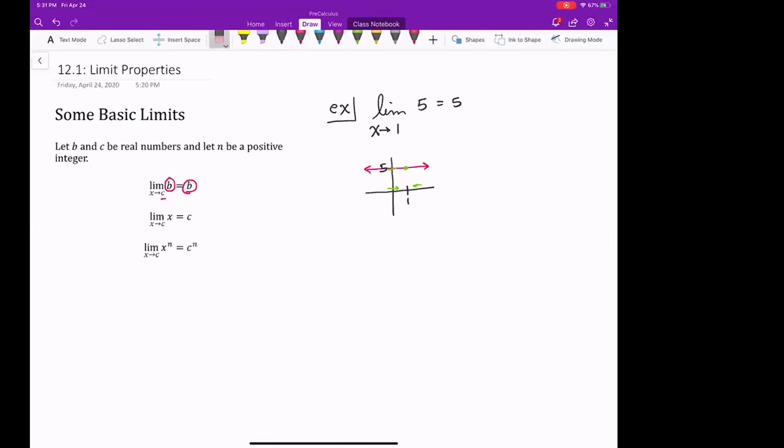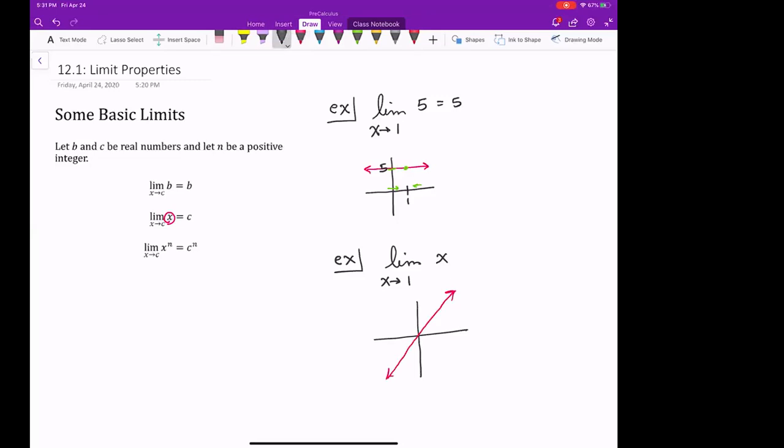In the second scenario here, if you've got a linear function, like your parent function y equals x, and we're taking the limit, so something like the limit of x as x approaches some number c, we can let that be whatever we want. We'll say x equals 1. Well, that would just be your parent function, y equals x, which would look something kind of like this.